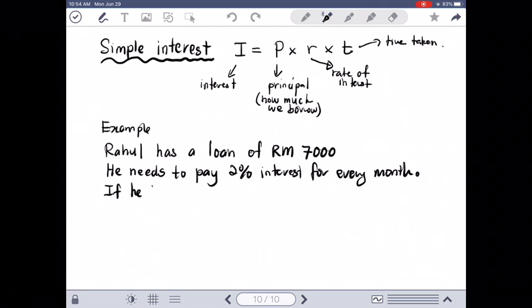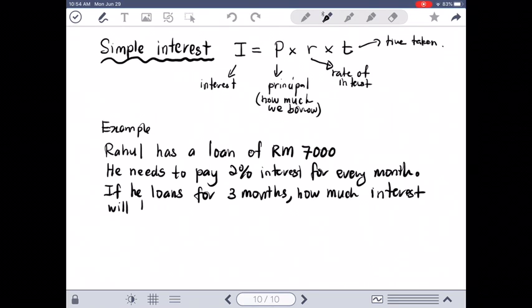If he loans for 3 months, how much interest will he pay?